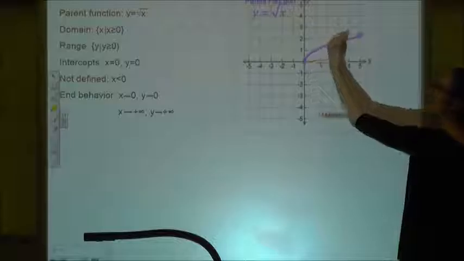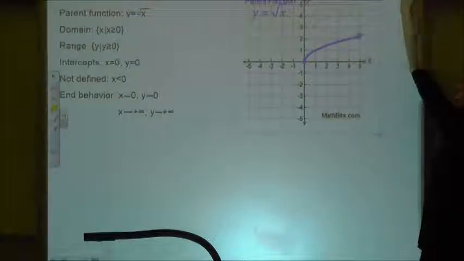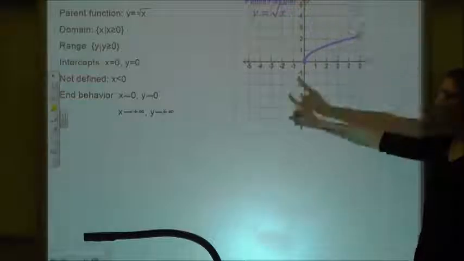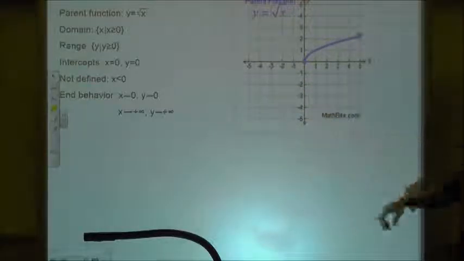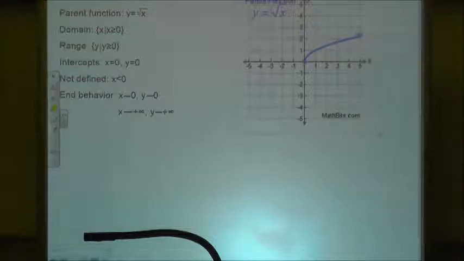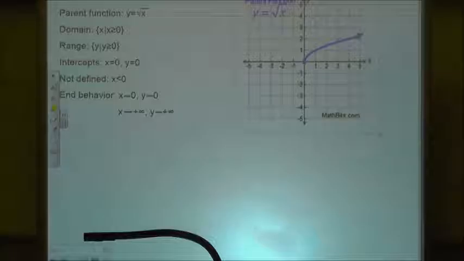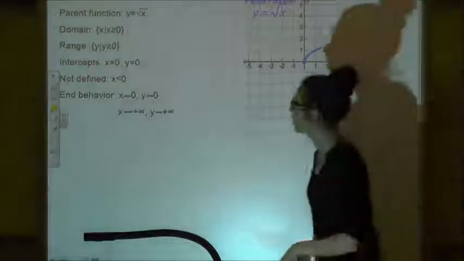Your y is going up a little bit every time. It's never going to stop, so it's going to go in the positive infinity direction. We talked about end behavior in the past, so do we see what's going on with our end behavior? Okay. Any questions on how they got any of those values? Okay.